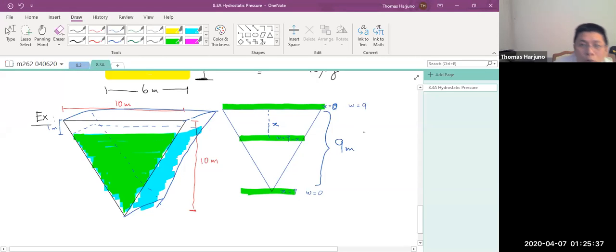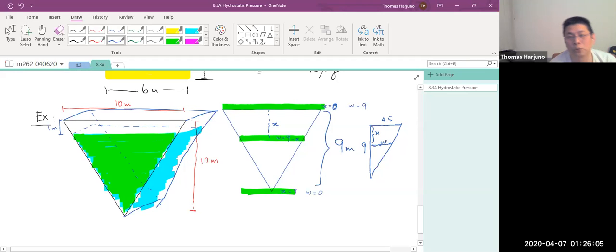We're supposed to do this kind of analysis here. So if this is 4.5, this is 9, then when this is x here, what will this width be?